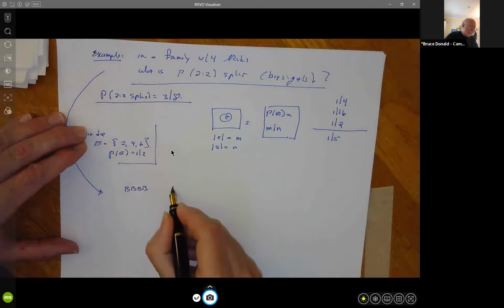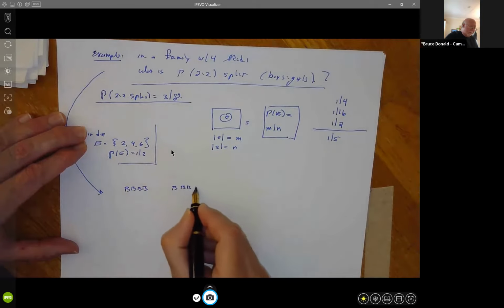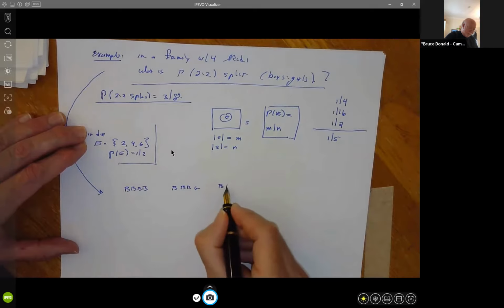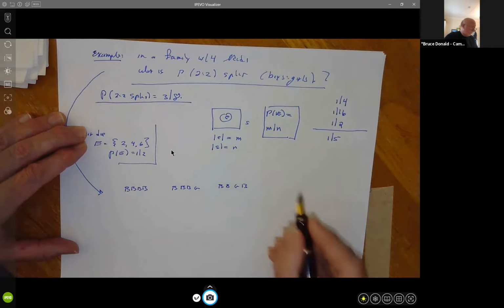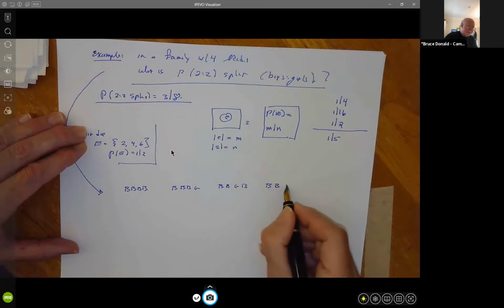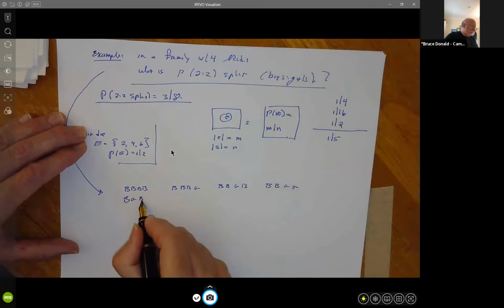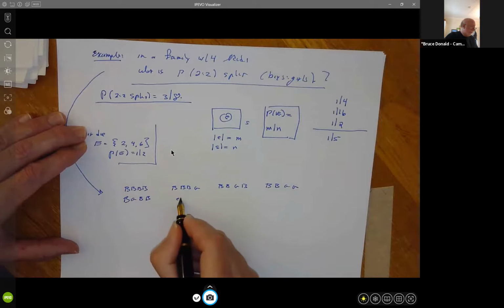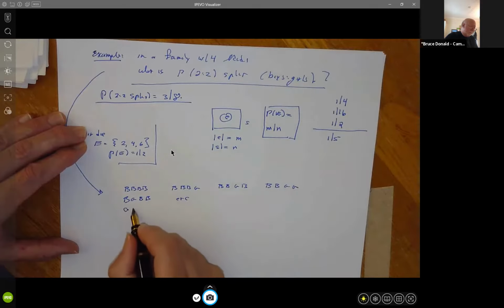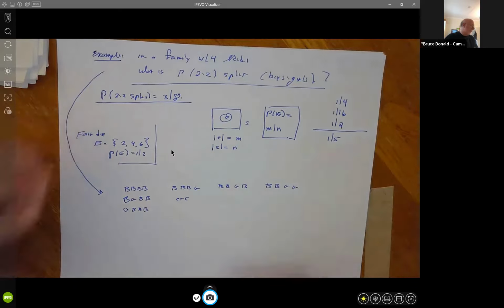Another might be boy, boy, boy, girl. We also have boy, girl, boy, boy, and so on, and we might have girl, boy, boy, boy. These might be given in birth order, for example. So we have all these different possibilities.